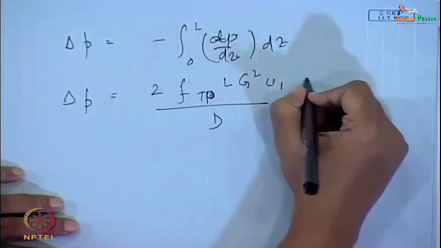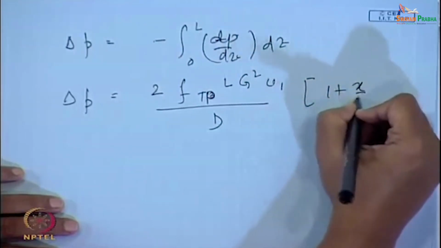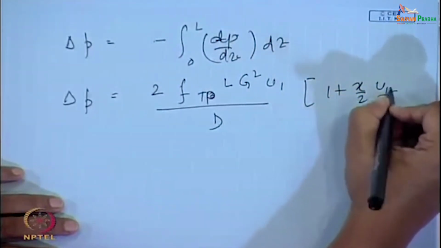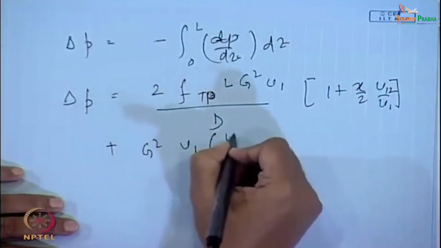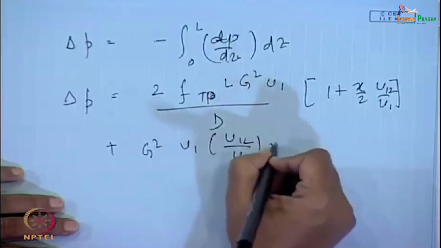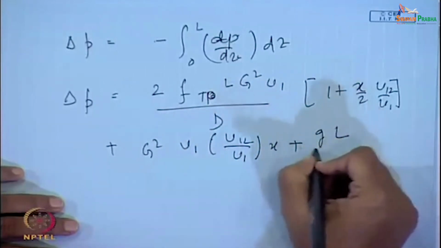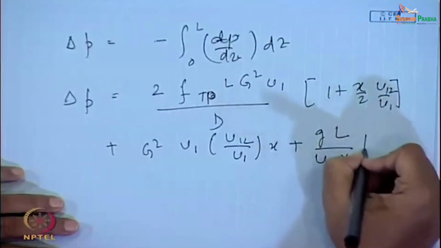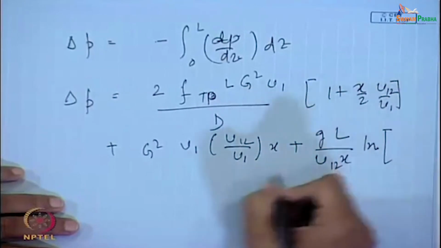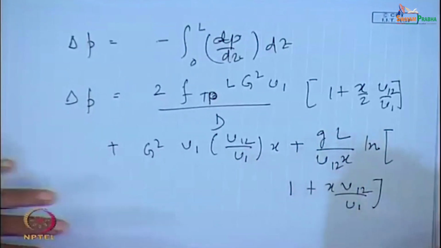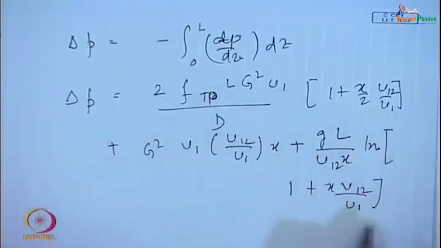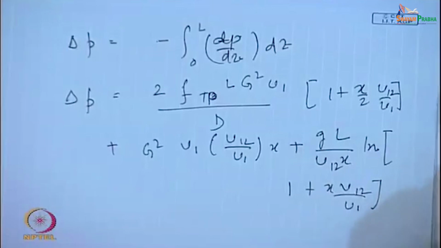The final expression which you are expected is something of this sort, V12 by V1 into x plus G L by V12 x ln, write it down here, 1 plus x V12 by V1. Just see whether you get this particular expression or not. Okay. So, this is your home assignment, do it and let us see whether you get it or not.